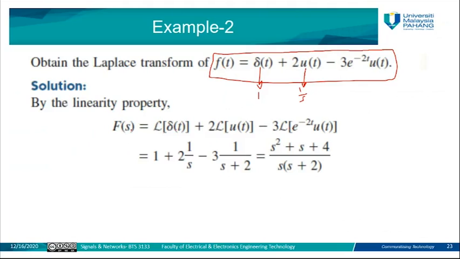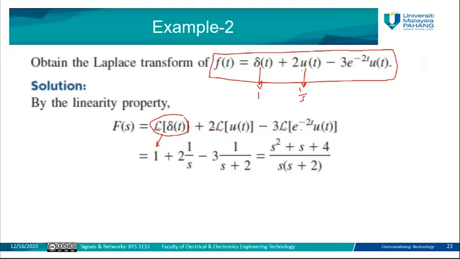So F(s) equals Laplace of the whole function, then you distribute Laplace to each function separately: Laplace of delta(t), 2 times Laplace of u(t), then 3 times Laplace of e to the negative 2t u(t). Then from the table, you find the first one is equal to 1.